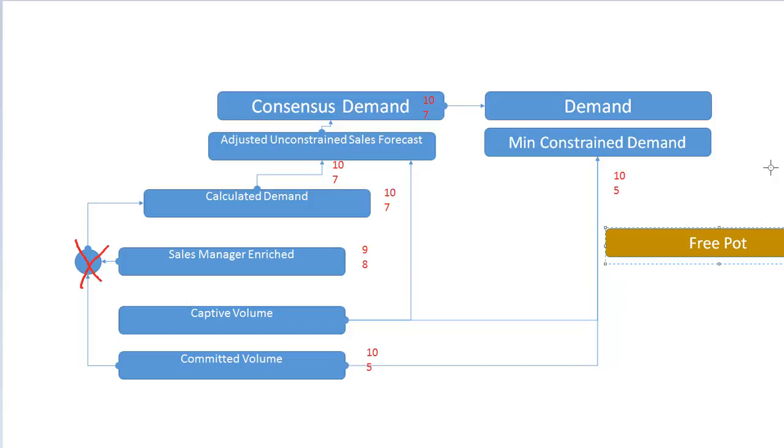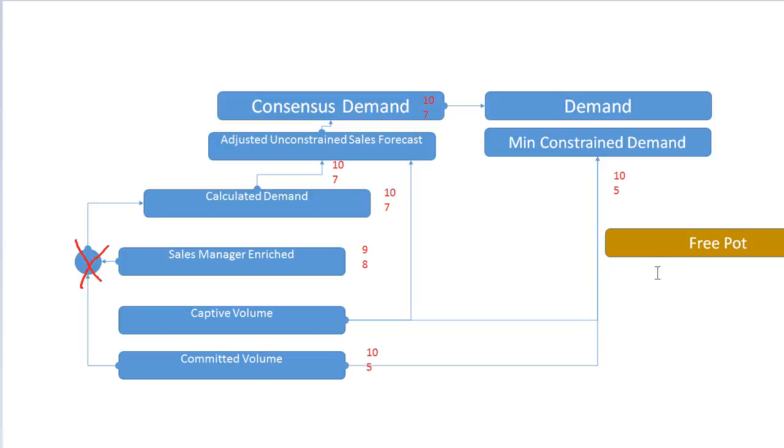Those values will be then stored in the free-pot key figure and will help the planner make decisions on how to handle the demand even before it is fed to the supply chain operator.